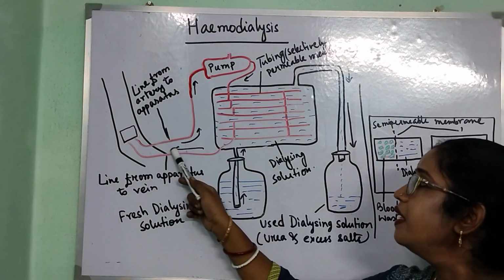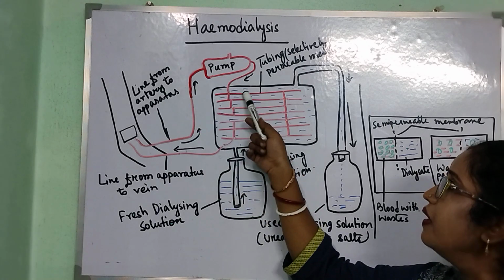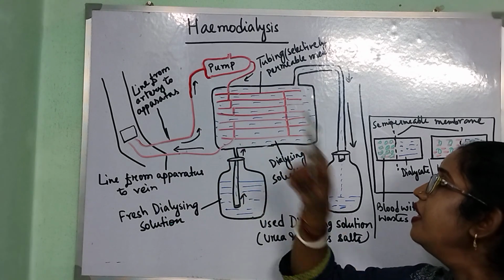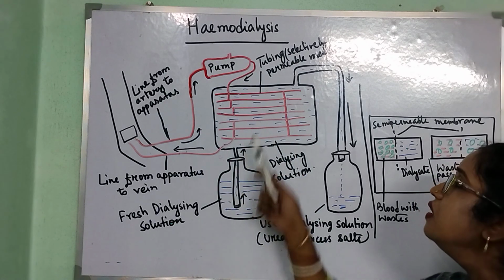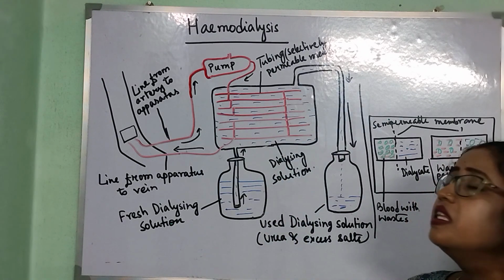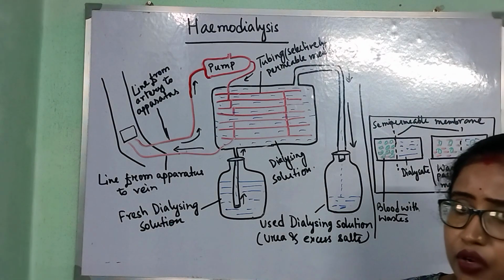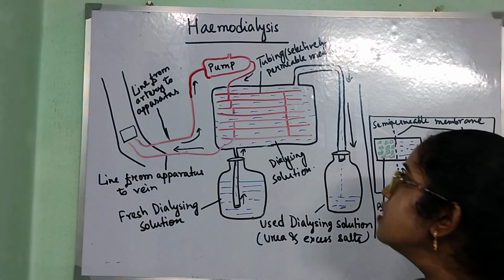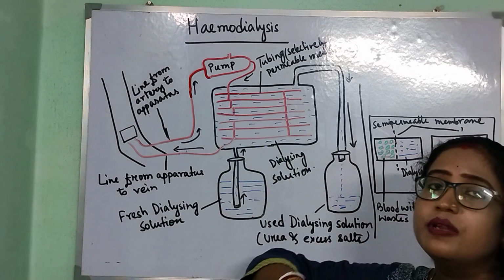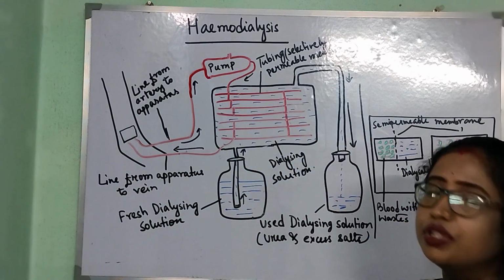First, the blood is taken out from the artery and lined to the apparatus. After entering this apparatus, the blood is filtered, meaning the waste material present in the blood is filtered into the dialyzing solution.